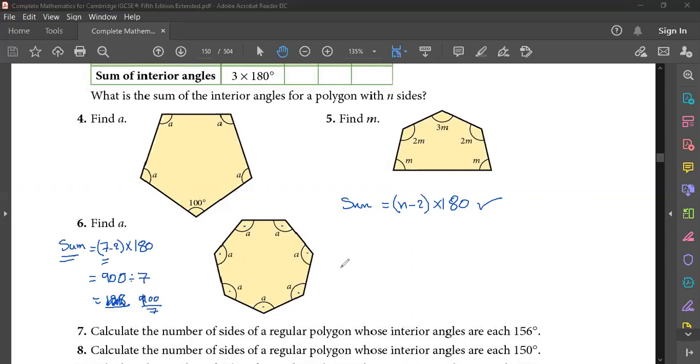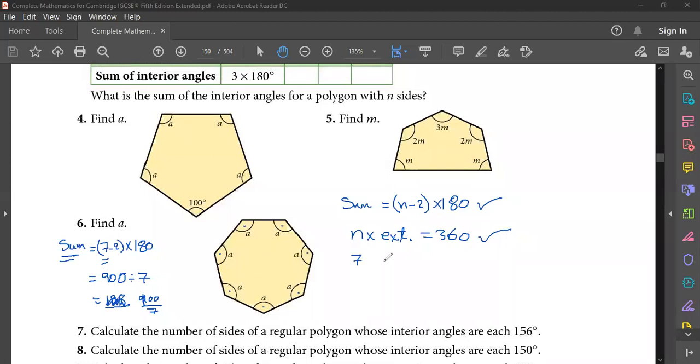Now, we know that number of sides times the exterior equals 360. Number of sides is how much for this shape? 7.